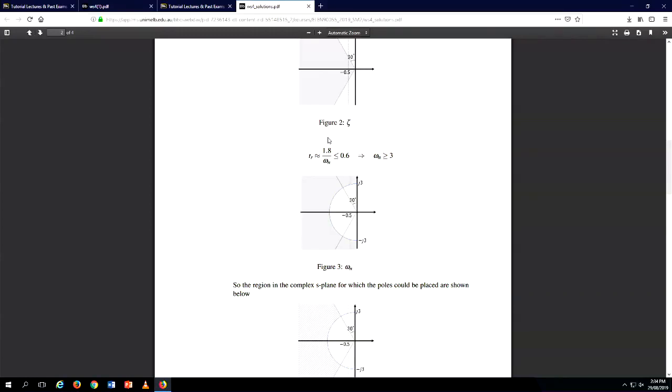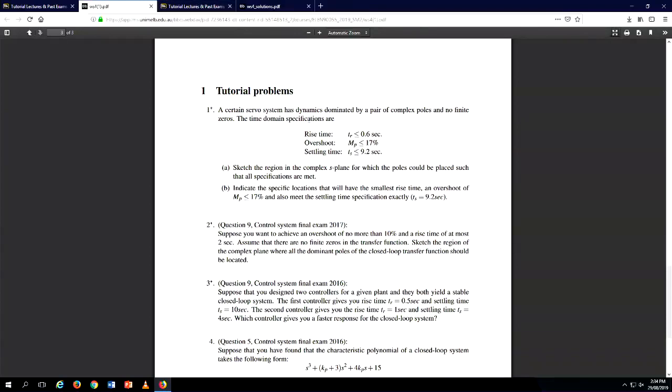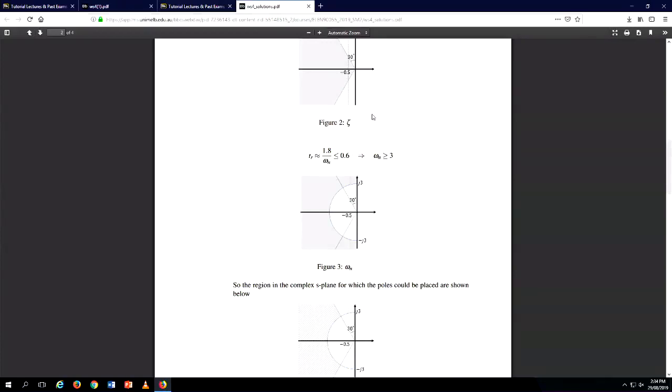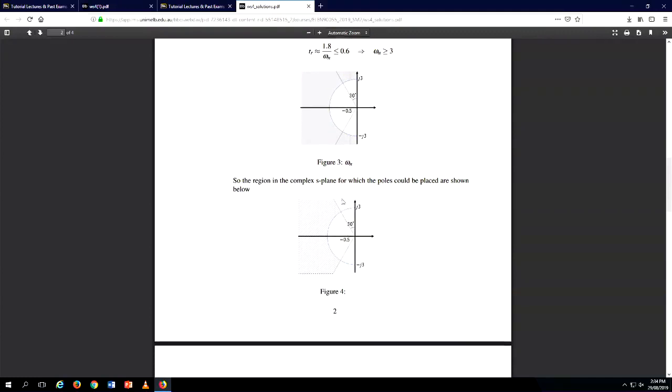Now, in order to satisfy all three conditions, we would need to place the poles in the intersection of all these three regions. What you get in the end, well, the vertical line was here, and then when you intersect the overshoot region with the rise time region, you get something like this.